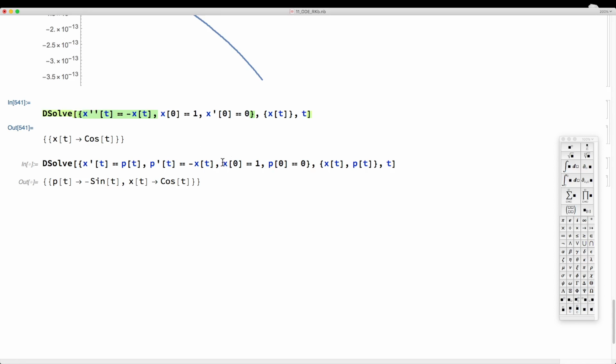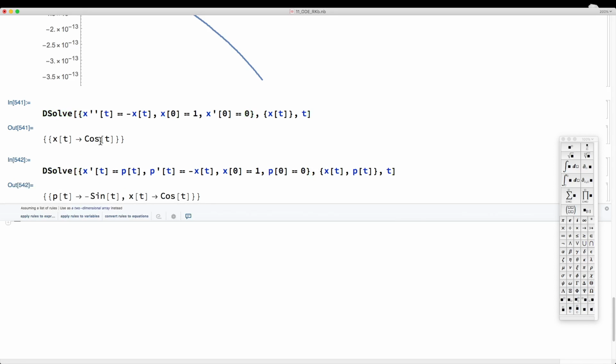And the initial conditions are the same as before, except x of 0 is again 1, but now p of 0 is simply x prime of 0, which has the same value as before, so p of 0 is 0. And if we use DSolve to construct the solution, Mathematica gives us a solution that's the same as before for x of t, but it will also give us the solution for the derivative x prime of t, which is p of t.